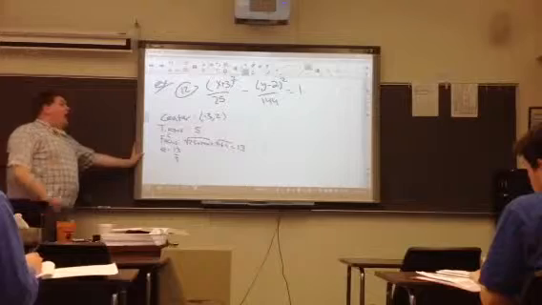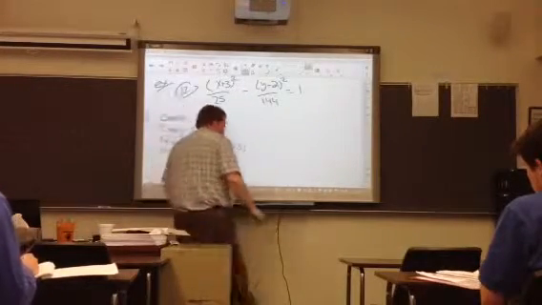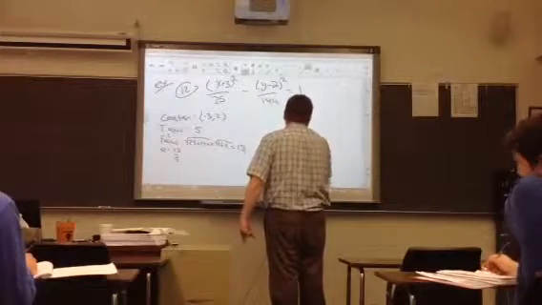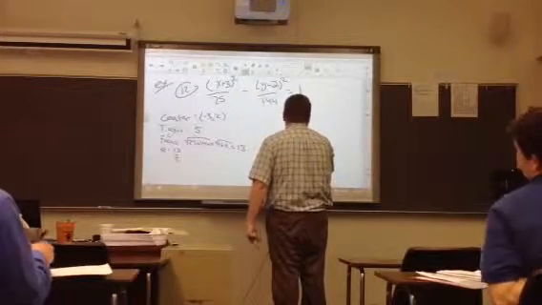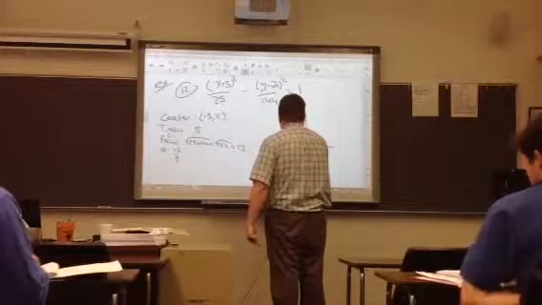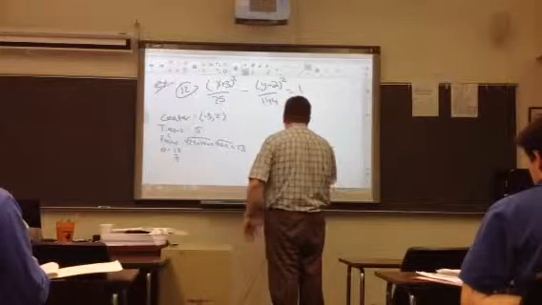Now, I've got all these pieces, I can actually graph this hyperbola. My center is negative 3, 2. So I go up 2 and back negative 3. So there's my center. My transverse axis is 5.